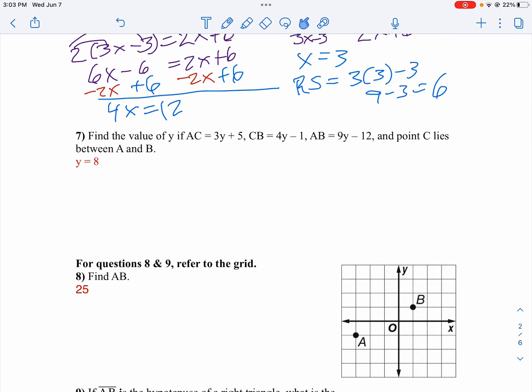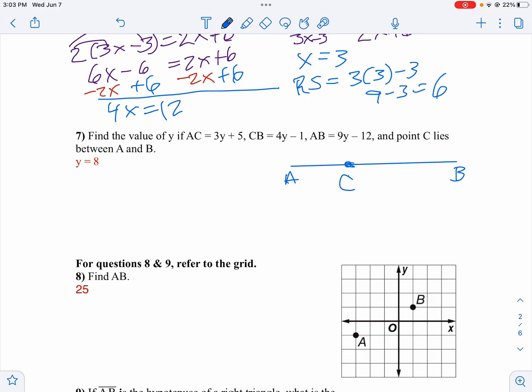I want to find the value of y. If AC equals 3y plus 5, CB equals 4y minus 1, and AB equals 9y minus 12. And I know C is between A and B, so I'm going to draw that here. So here's A, here's B. I know C is someplace in between them.